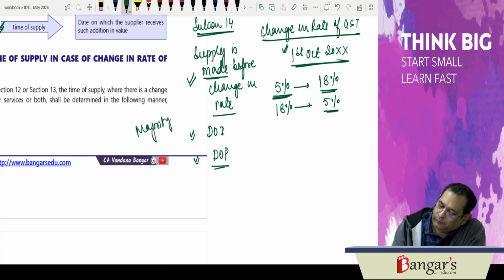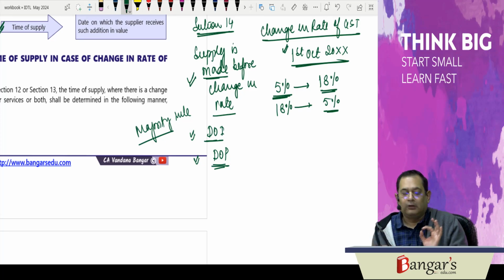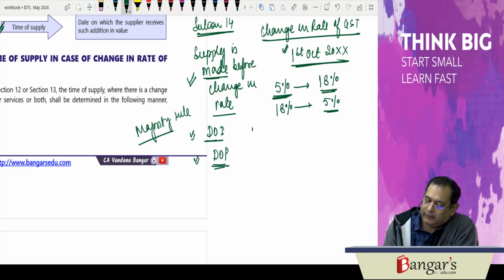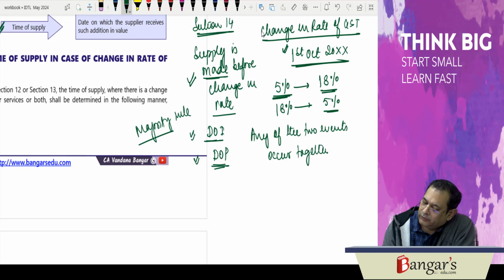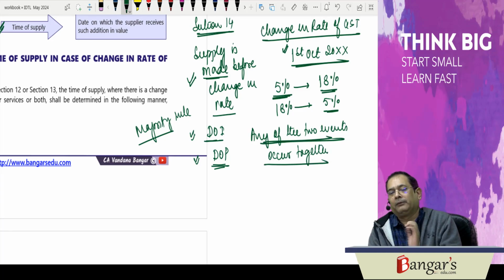What apply? Majority rule. Out of these 3 events, if any of the 2 events occur together, that will be the basic factor for determining the time of supply.